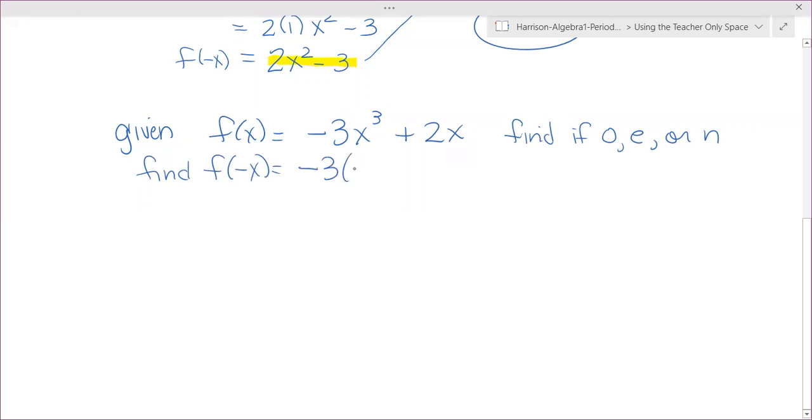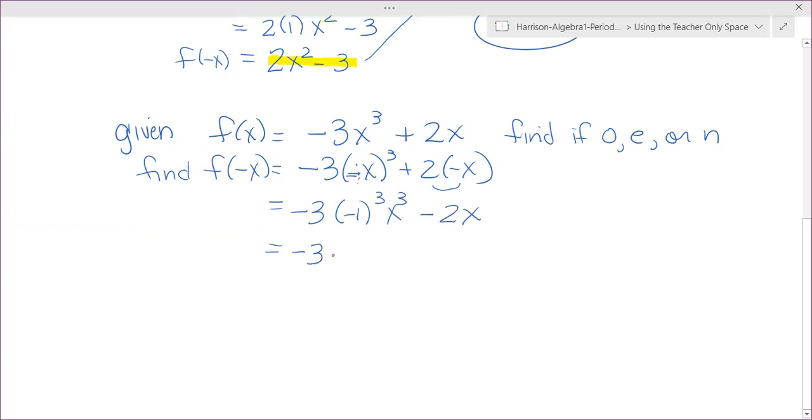So everywhere there's an x, we fill in -x. And then simplify. So remember that this negative is a -1. So -1 cubed, and then we have x cubed, and then a +2 times a -1x. I think that's easy to follow through and just say -2x.